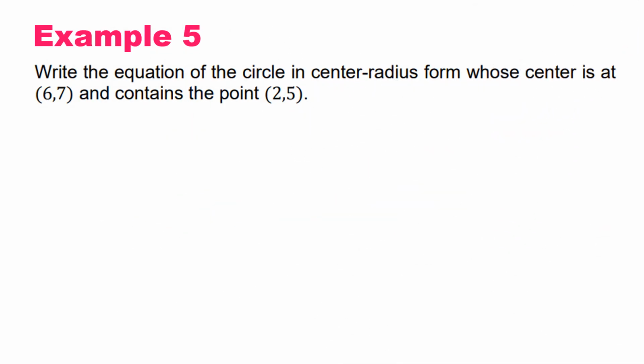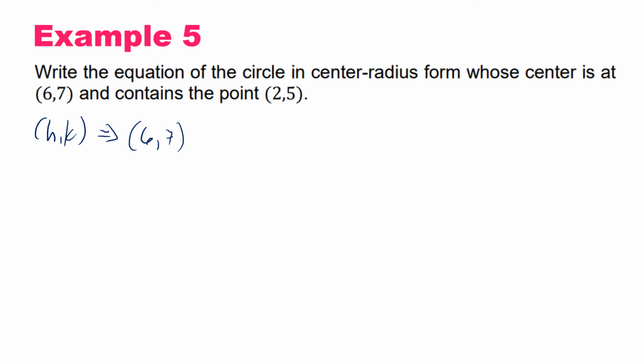Okay, so sometimes we are asked to write the equation of the circle in a certain form. So in this case, center radius form. Given ka ng center and then points on the circle. Okay, so what we can do here is we let h and k be equivalent to 6 and 7. Di ba? So yun yun.